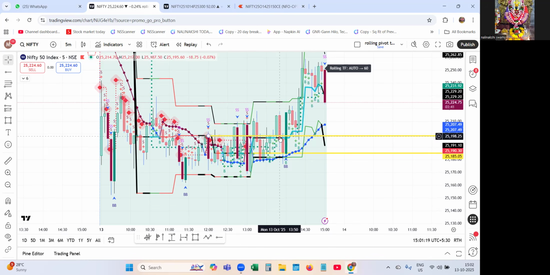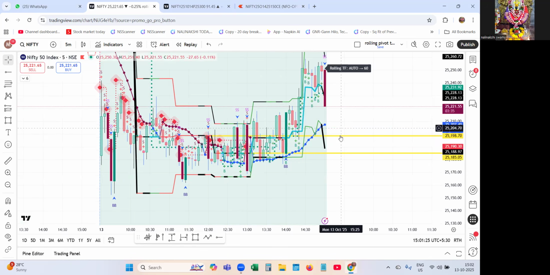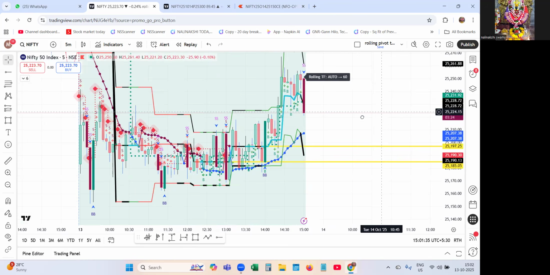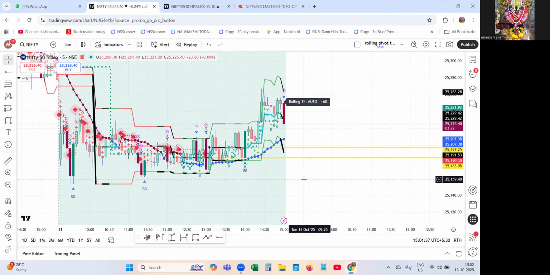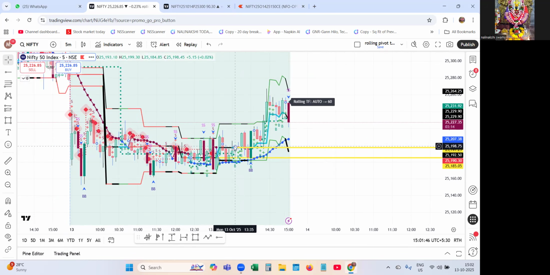Why did I get the confirmation? Because the hourly pivot line from this area has risen to almost this level, that is a higher high. That is the reason I was able to catch this, and I was closely watching that there would be a reversal.